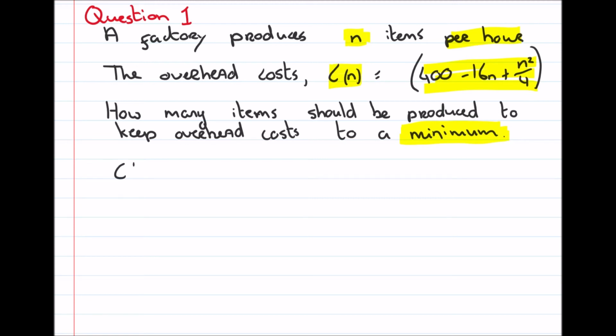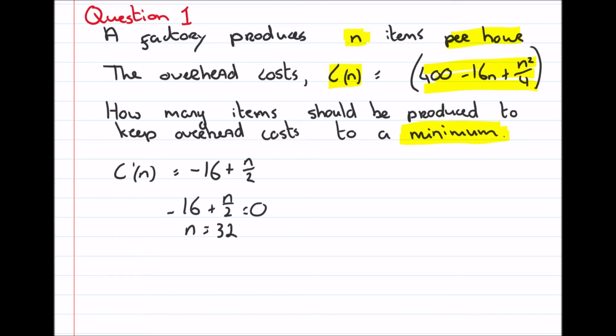It'll be C dash n, just to show it's differentiated, which will be minus 16 plus, now if you're not able to differentiate n squared over 4, it's just 2n over 4, and 2n over 4 is the same as n over 2. So plus n over 2. After differentiating it, I'll now let it equal 0.